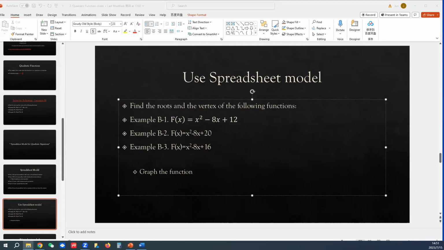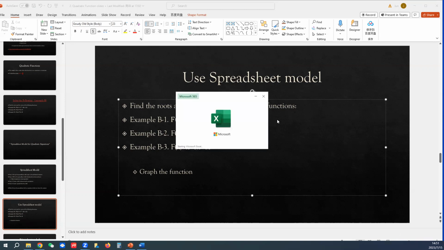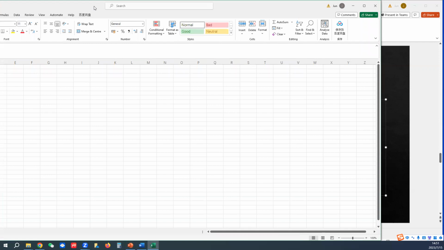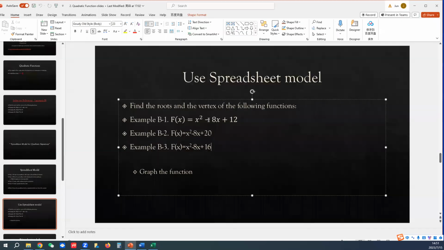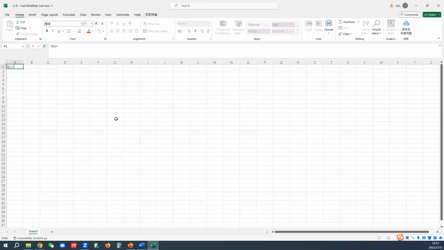Switch to create an Excel file. Here, what we do is first we write down the formula: x squared minus 8x plus 12. That's the formula.